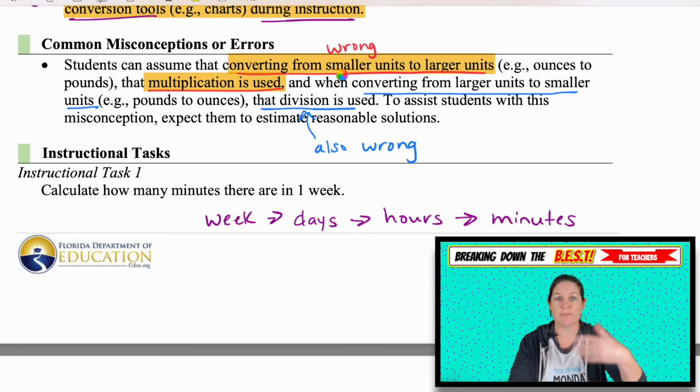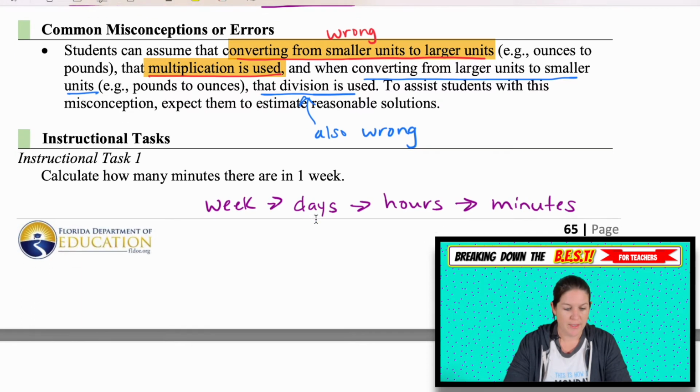For instance, going from 16 cups to 1 gallon, that would be going from a smaller to a larger. We would have to divide to get from 16 down to 1. And then the opposite over here. So just make sure that you understand that students confuse this, but it's actually the other way around.